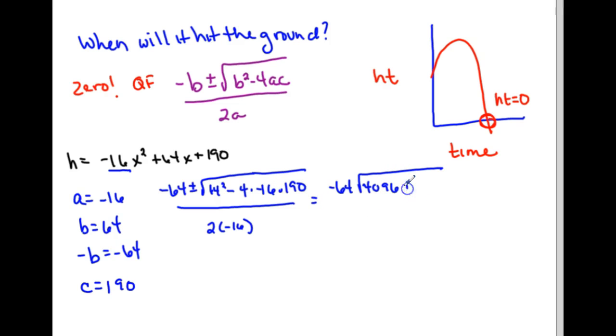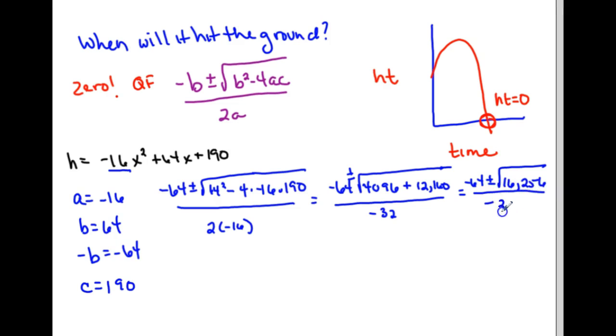A negative times a negative is a positive, and I end up with 12,160. And this is all going to be over a negative 32. So we're going to combine those two. Oh, I forgot my plus minus sign. Negative 64 plus or minus the square root of a pretty big number, 16,256, all over negative 32.